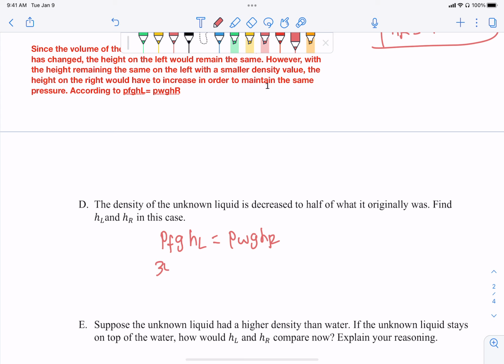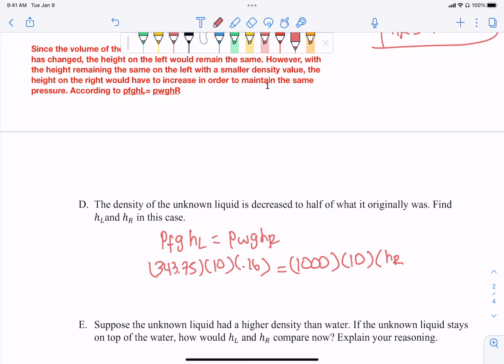So this is 343.75 kilograms per meter cubed times 10, and then times 0.16, which is the same height, and then times 1,000 kilograms per meter cubed for the density of water, multiplied by the acceleration of gravity, which is 10 meters per second squared. And then we can figure out the HR here, right? So we know that HL is equal to 0.16 because we're adding the same volume.